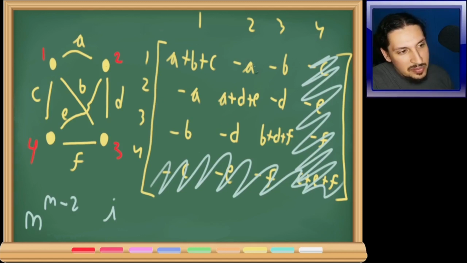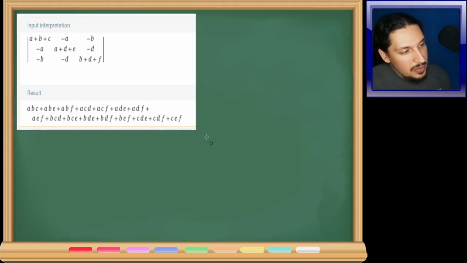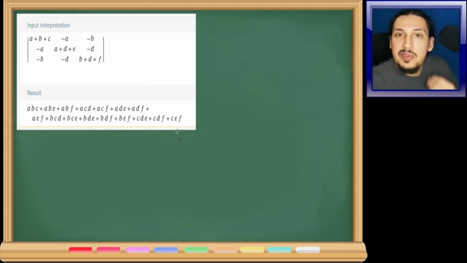Well, the matrix will be like the normal adjacency matrix, but negative, except for the diagonal. In the diagonal, you put the degree, because now if you have 1 in the ones that exist and 0 in the other ones, this is just the degree of each node. It counts the edges. And knowing that it always gives this expression, the determinant will be exactly the number of spanning trees in the graph.